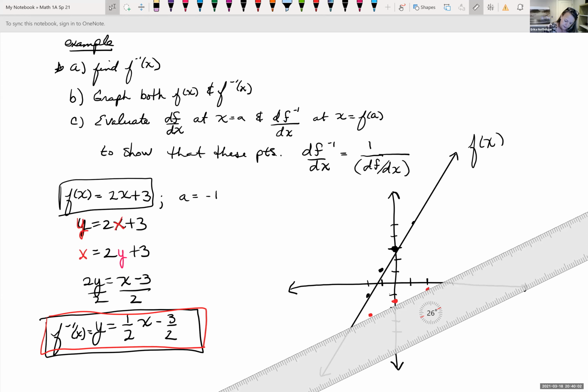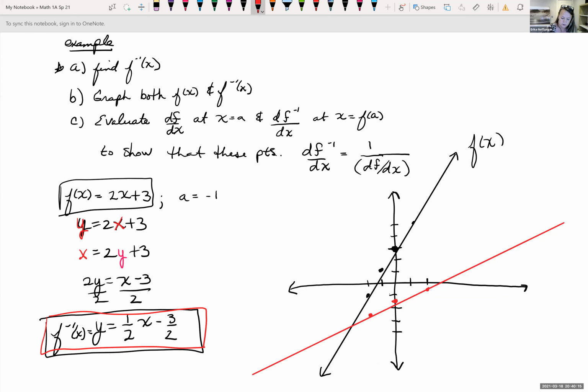So if I graph this, it looks like this. And this is my f inverse of x.